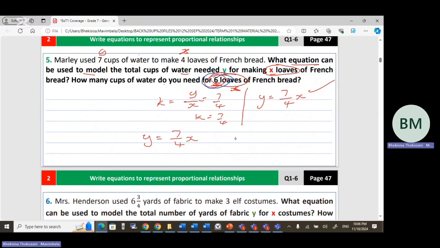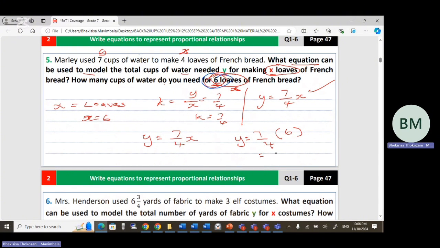So it's going to be y equal to 7/4. I can just write here that x is equal to 6, because those are 6 loaves. Okay, because x represents your loaves. So that's very important. So that's why now I'm going to multiply everything by 6.